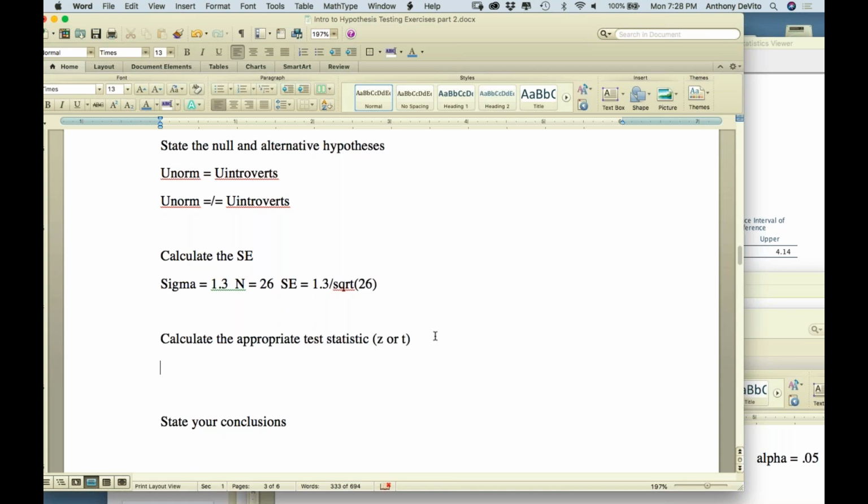The two things that allow me to use the z-score are if you know the standard deviation of the population, number one, or if it's a very large sample size. So we've satisfied one of those two. So we're going to calculate the z-value. The z-value is going to be equal to the difference between the mean, which we know for normal people, minus the mean for introverts, x bar for introverts. Right? We don't know that.